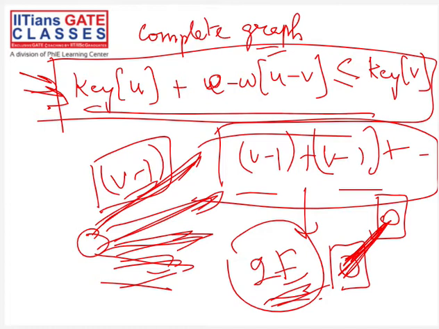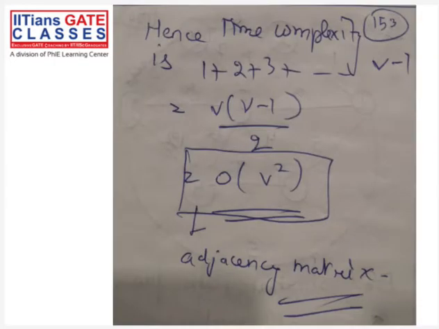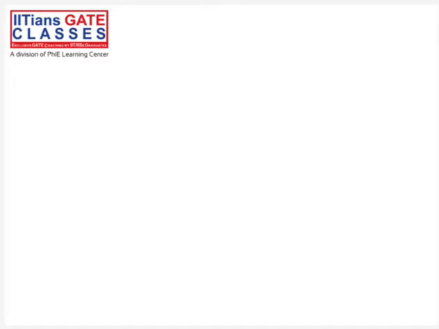Now the second part which will contribute to your time complexity is finding the minimum out of the remaining vertices. When you are at your source vertex, n minus 1 vertices are there, out of which you have to find the minimum.